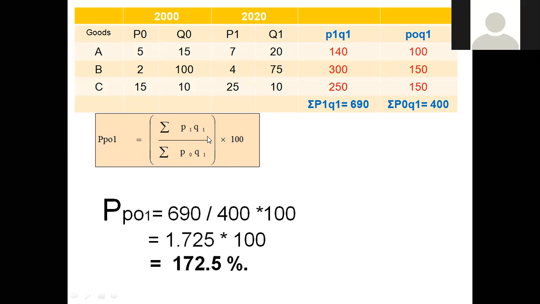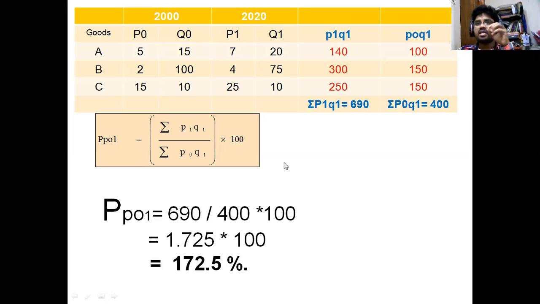Yes, sir. You can see the years in the formula itself: Q1, Q1, but for Laspeyres it is Q0, Q0. At the same time, the Laspeyres price index number has an upward bias and an upper limit, but Paasche has a lower limit.